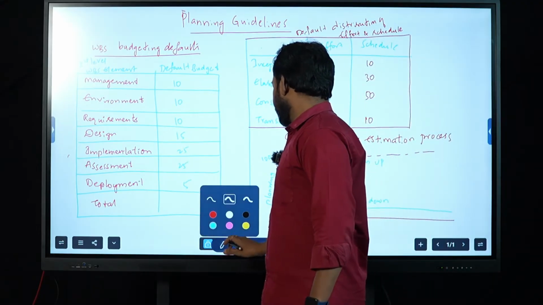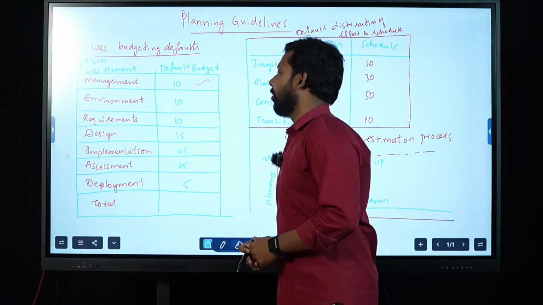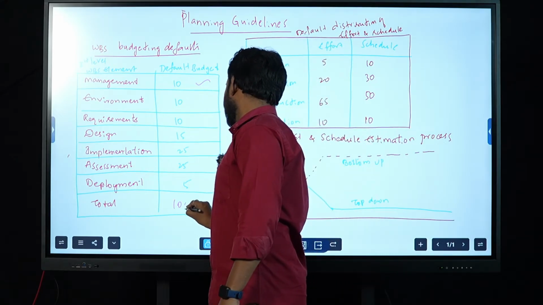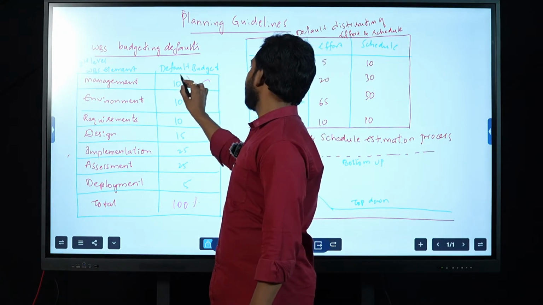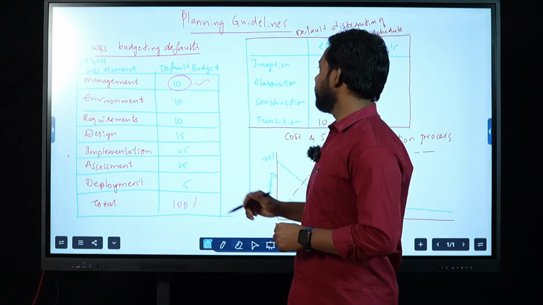Here, out of the total budget as your 100%, the management work breakdown structure element is going to take around 10%.